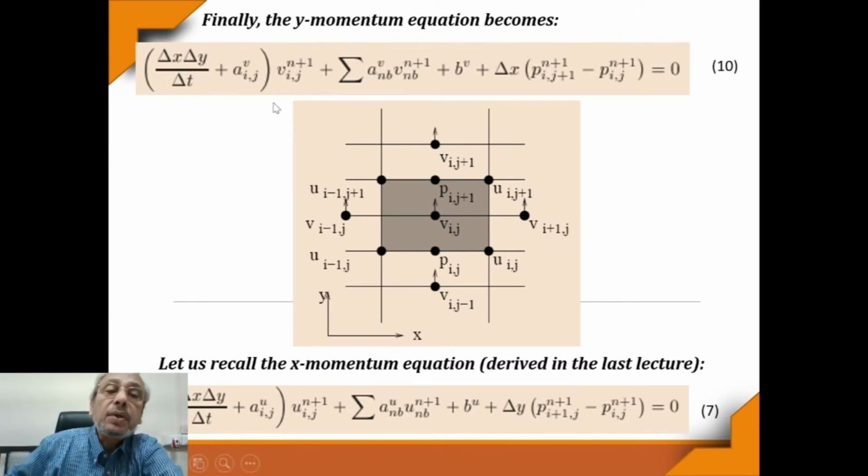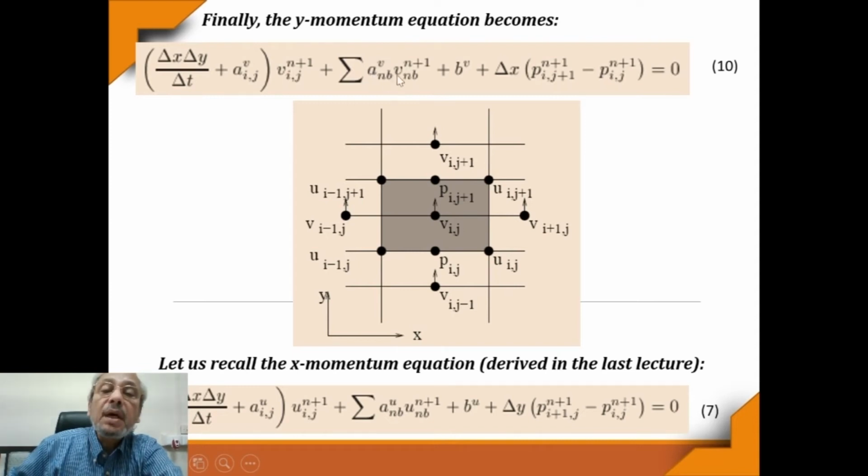All the coefficients of Vij at the level n plus 1. So these are the coefficients of Vij, and the neighboring V's, that means Vi plus 1j, Vi minus 1j, Vij plus 1, Vij minus 1, those neighbors at the level n plus 1, those terms we have to identify, and their coefficients.